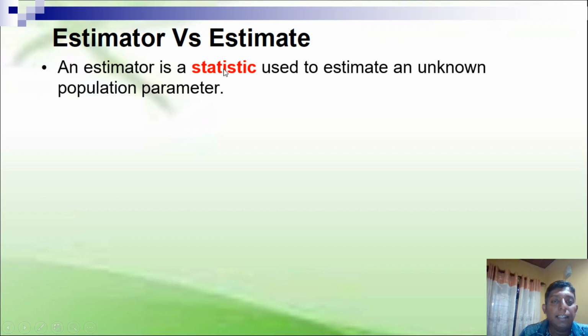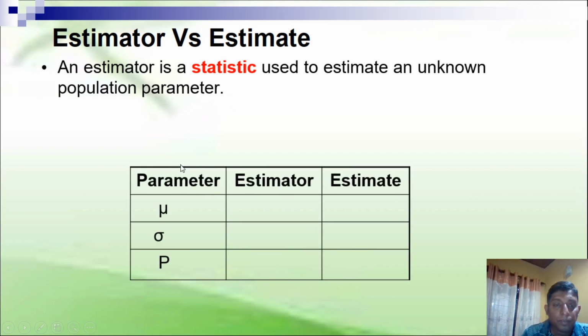An estimator is a statistic. Earlier we defined what we mean by statistic: a sample characteristic, which can also be defined as a function of sample data. An estimator is a statistic used to estimate an unknown population parameter.